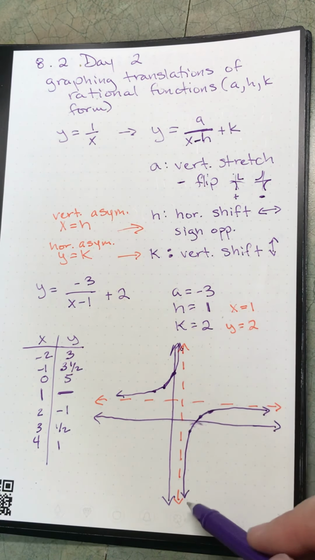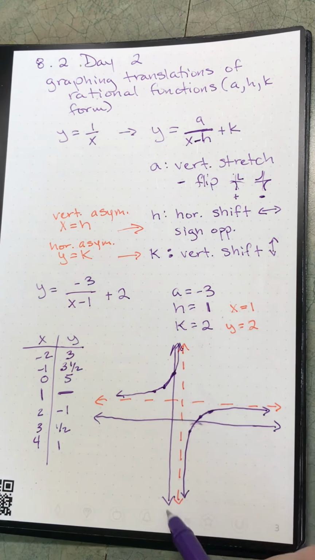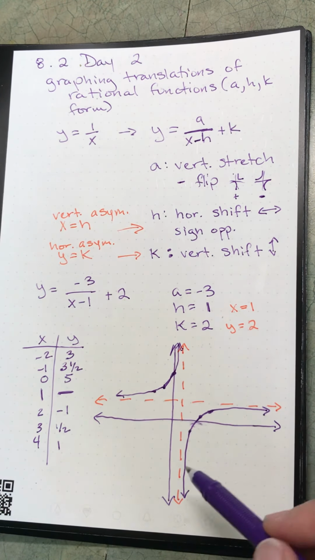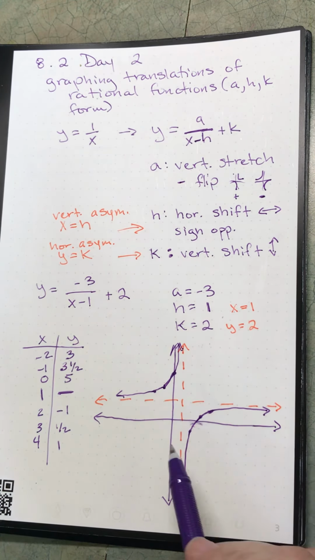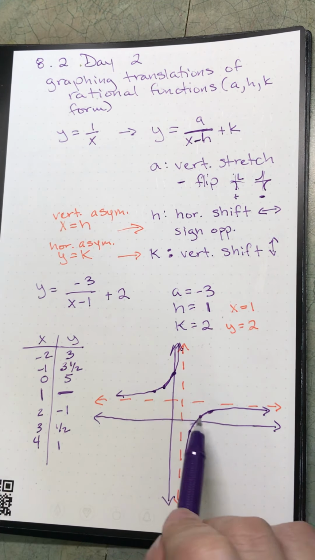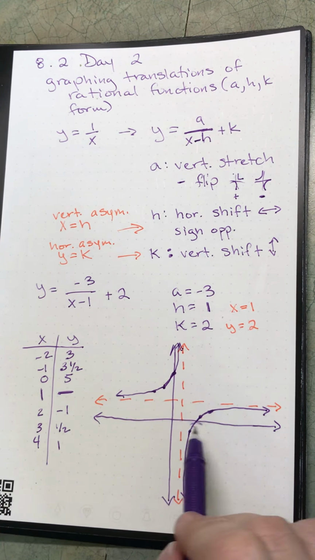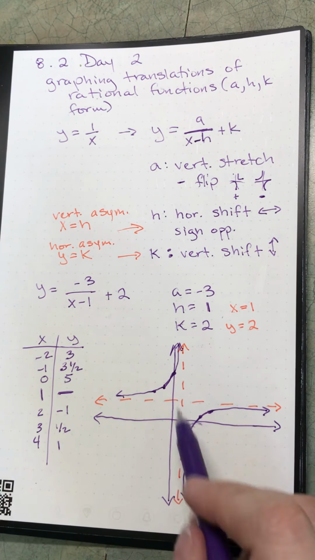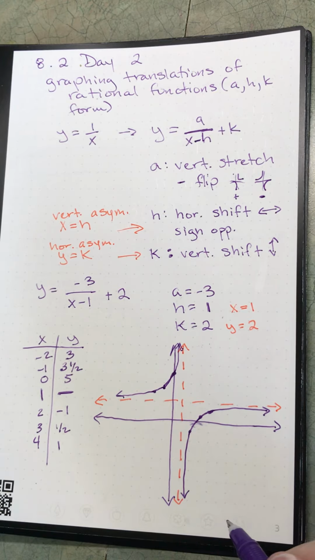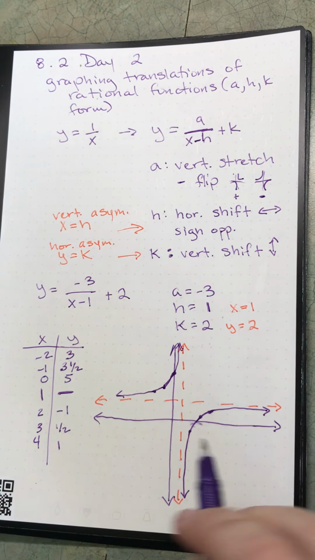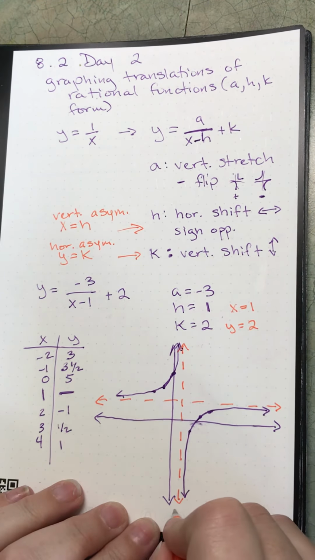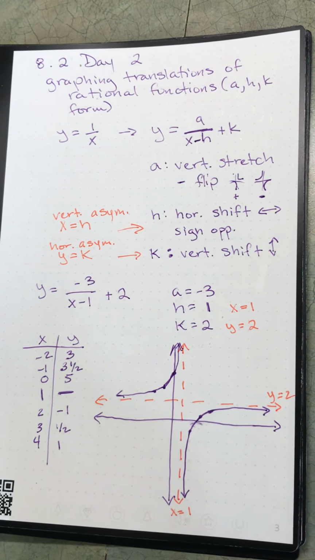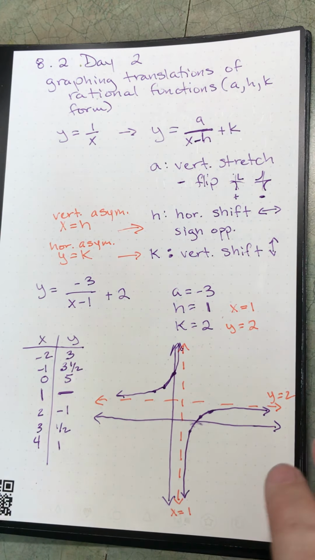It is really hard when you have two asymptotes and your two axes to not mess up when you're counting points like I just did. So I highly recommend using dashed lines and different colors so you can clearly tell which is your axes and which is your asymptotes. Alright, and then I have, this is x equals 1 and this is y equals 2. I'm going to label those, and there's my graph.